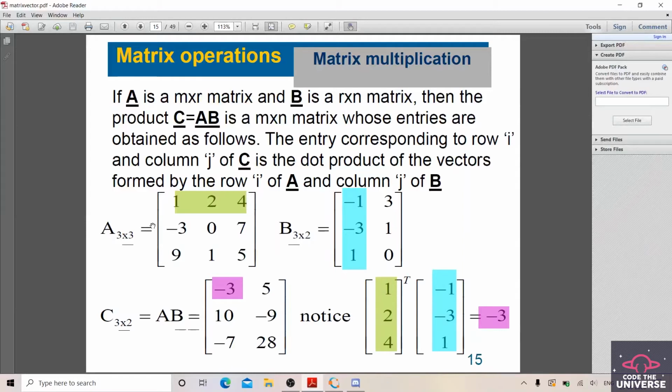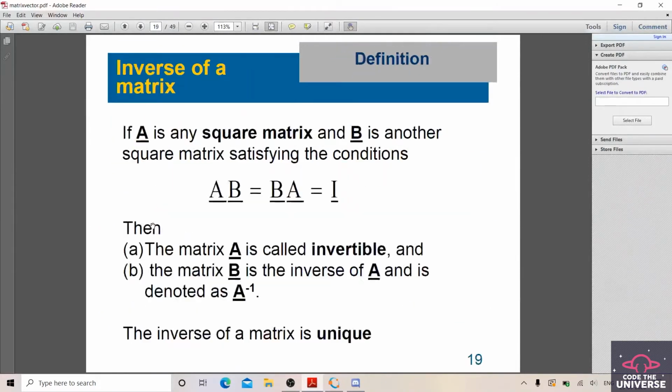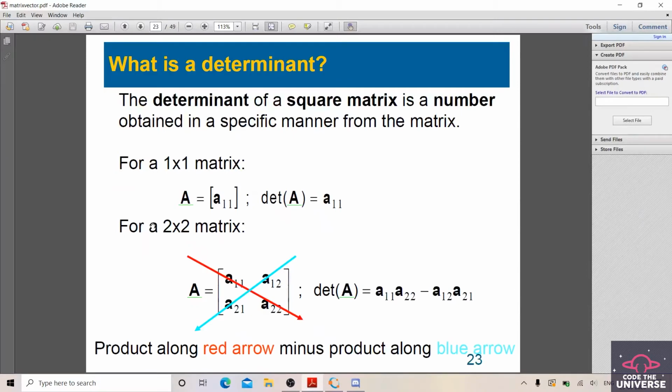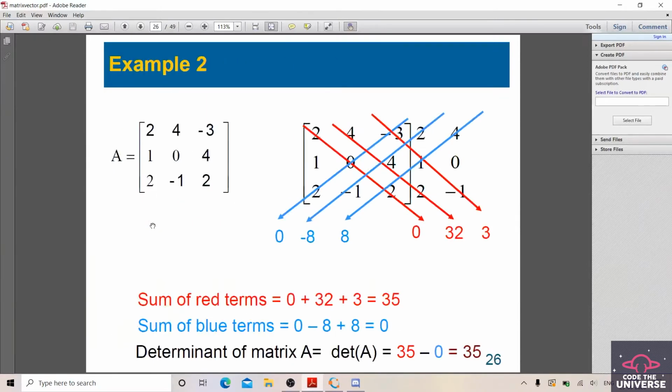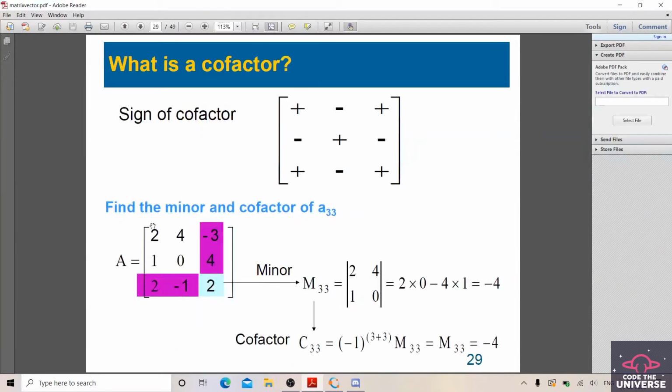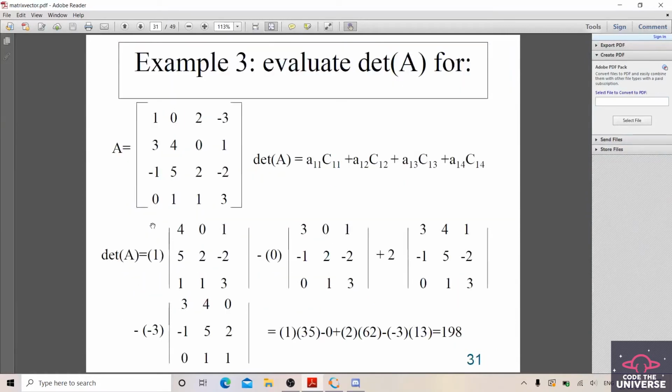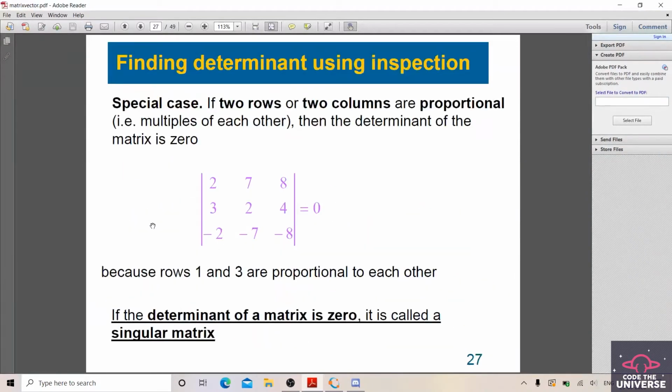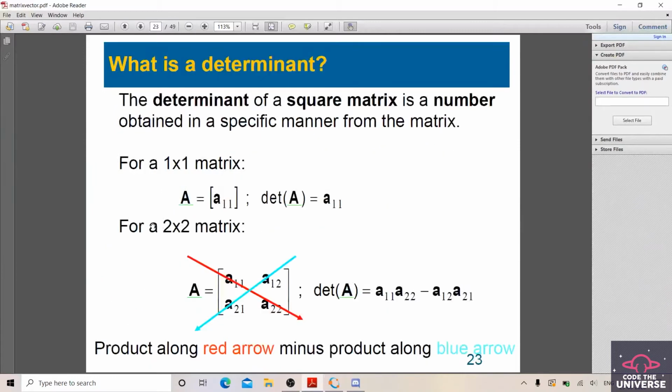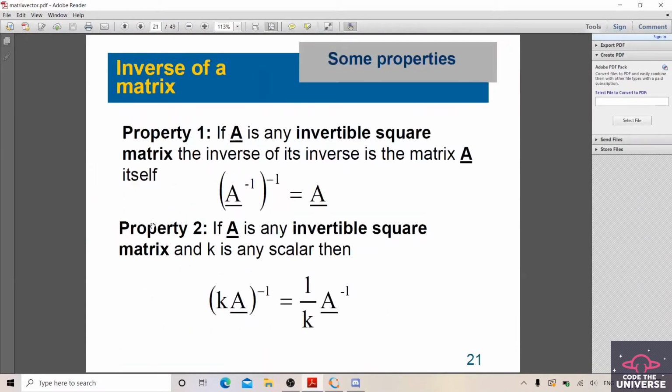Please remember that you are not supposed to reciprocate each and every element in the matrix and then say that's the inverse. That is completely wrong, and that is why the inverse of a matrix is something unique. It's not something that goes by scalar norms or element-wise application norms like we saw before for addition or subtraction. It is something unique, which of course I'll later tell you how we find out.